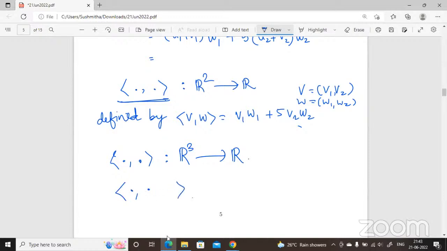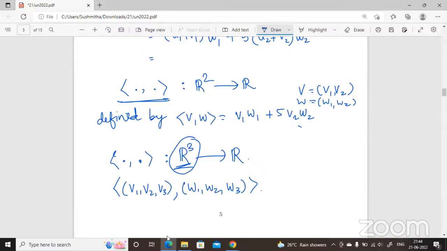Inner product means it is for 2 only. But where these elements belong is what matters. So here it will be V1 comma V2 comma V3 comma W1 comma W2 comma W3. This represents where the vectors come from, but the inner product is always defined only for 2 vectors.